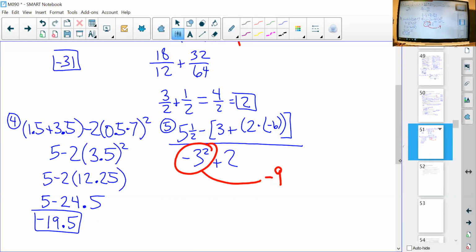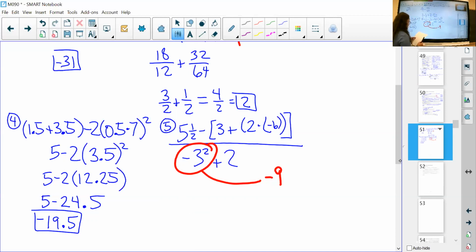That's going to be one of your first steps. If we had negative 3 with parentheses around, that's when you say, okay, I'll take my negative 3 times the negative 3, I get a positive 9. But with no parentheses that says square the 3 first, then tack on the negative sign. So this part will be negative 9. Go ahead and figure out the rest.